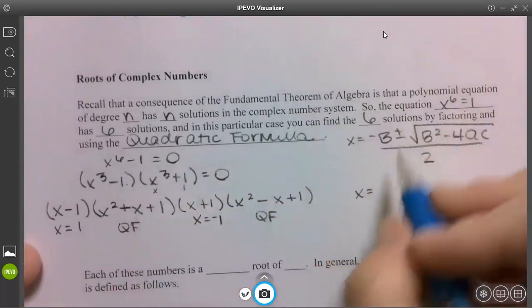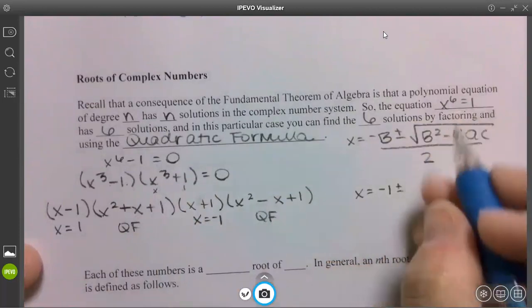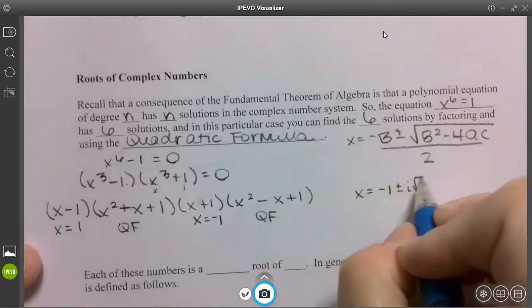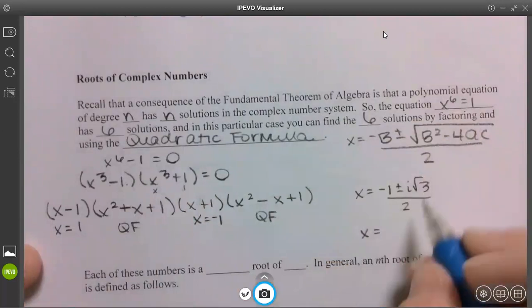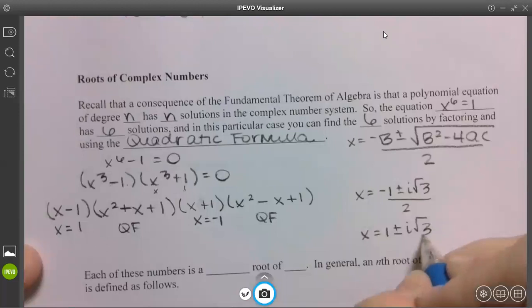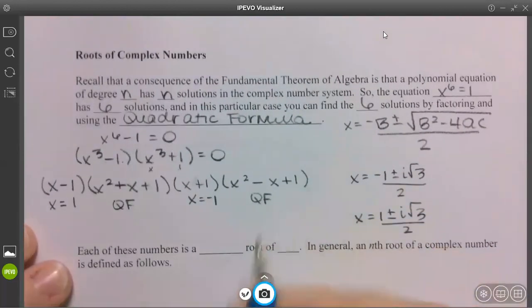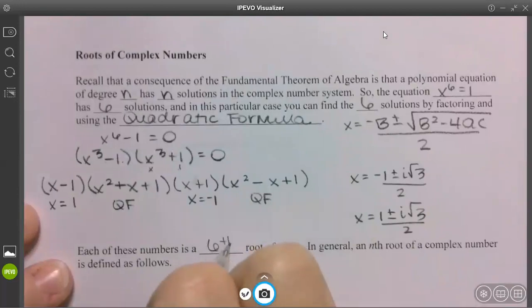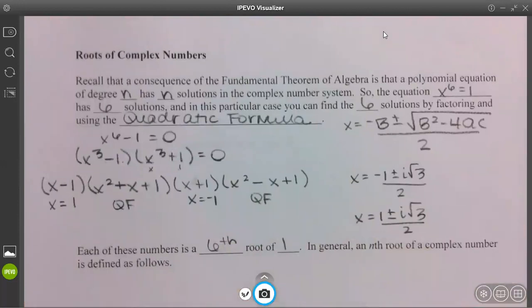For the first one, we're going to have negative 1 plus or minus i square root 3 over 2. And for the second set, you're going to have the same thing, just opposite sides. 1 plus or minus i square root of 3 over 2. Each of these numbers is a sixth root of 1. In general, an nth root of a complex number is defined as follows. So we have the definition on the next page.